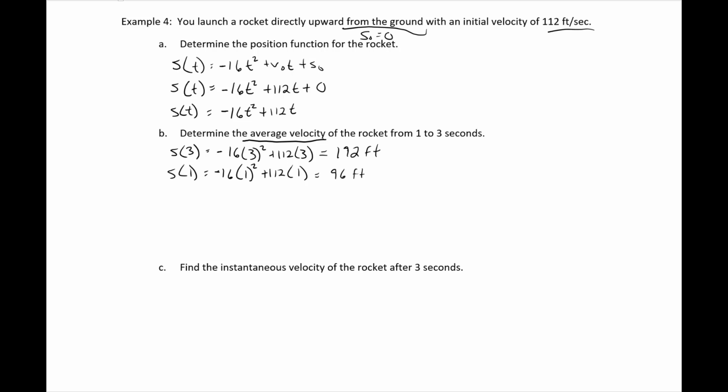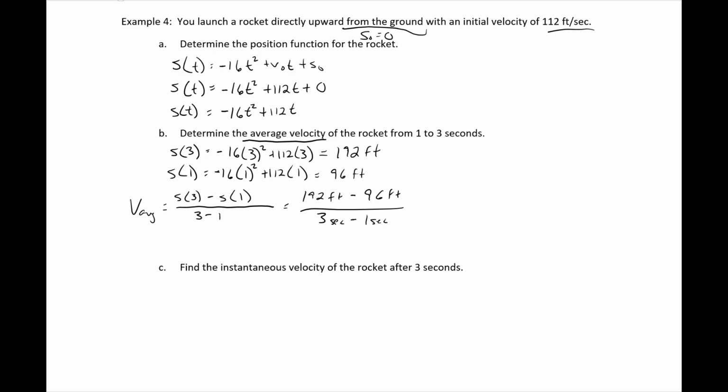Now that we have the position at time 3 and the position at time 1, we want to find the average velocity. Remember, to find the average velocity, it's the exact same as finding the slope of any other line from algebra. So it's s of 3 minus s of 1 over 3 minus 1. s of 3 is 192 feet minus s of 1, which was 96 feet, divided by 3 seconds minus 1 second.